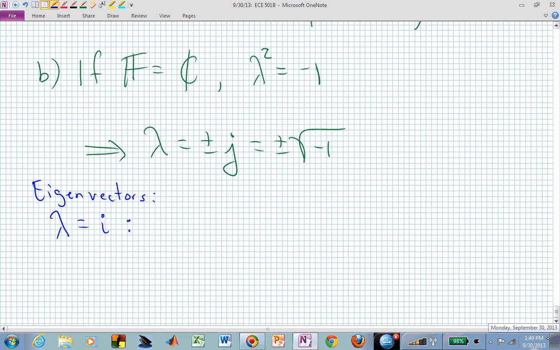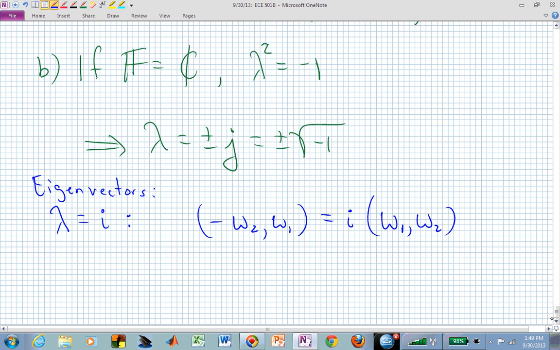We can now see that we have minus omega sub 2, omega 1 is equal to lambda, which is now i, times the original vector omega 1, omega sub 2. But this now gives us two equations that should give us exactly the same answer, since they're dependent equations because they have a non-trivial null space. So if we just looked at the first coordinate, we would say minus omega sub 2 is i omega 1.